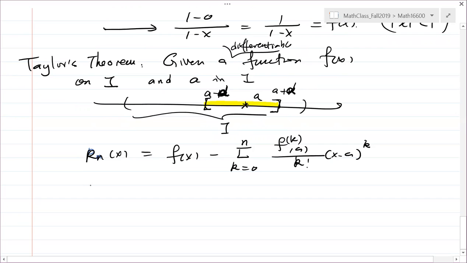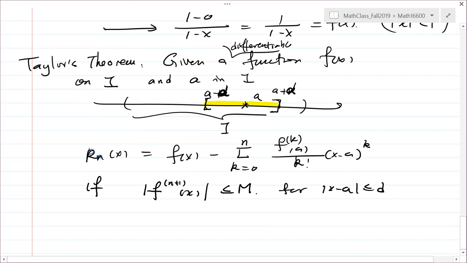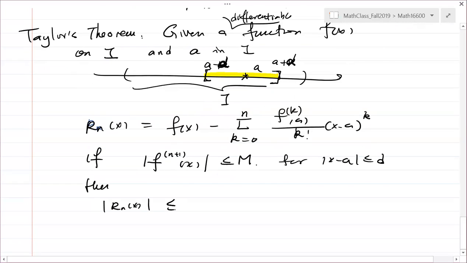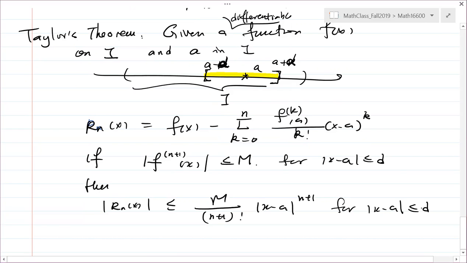Taylor said that if the absolute value of this function is less than or equal to M for x minus a less than or equal to D, for x in that closed interval, then this error, the difference, is estimated by M times x minus a to the n plus 1, for x less than or equal to D.